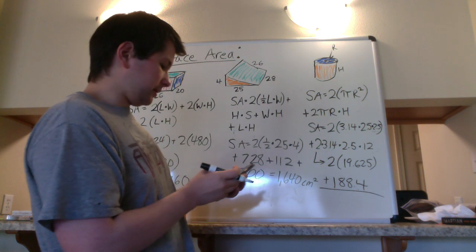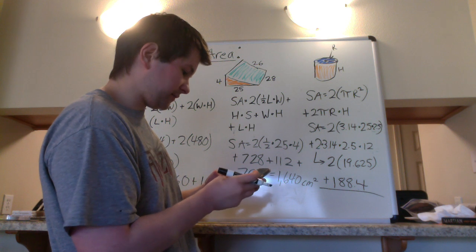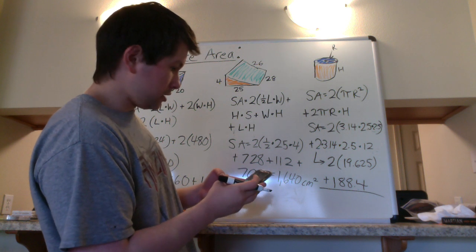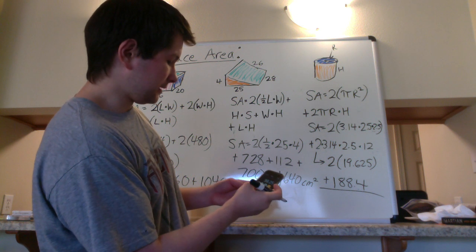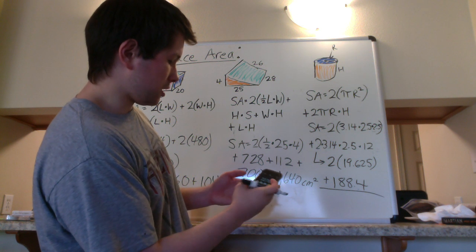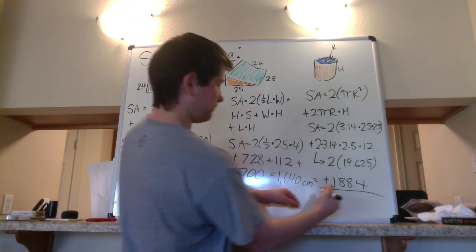And then when I calculate that all out, well, 2 times 19.625 should be just shy of 40, which it is. It's 39.25. I'm going to add that to 188.4, and I get a final surface area of 227.65.